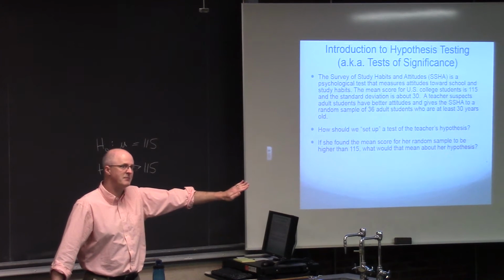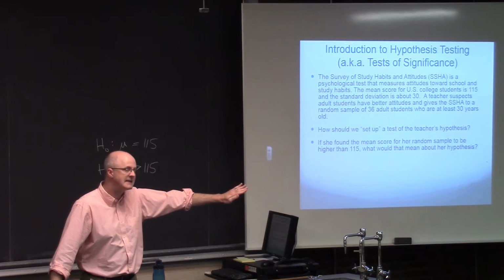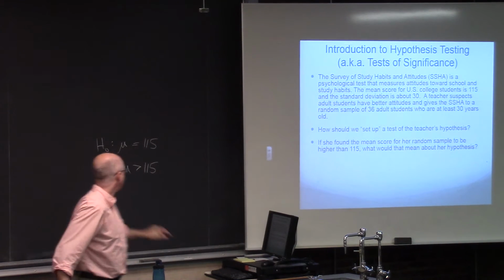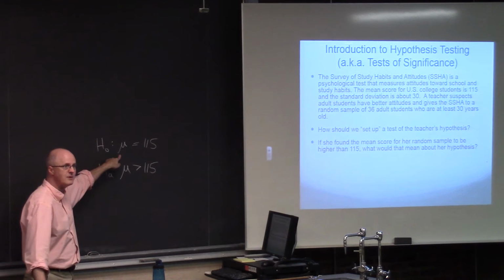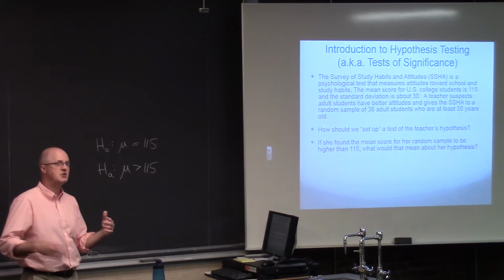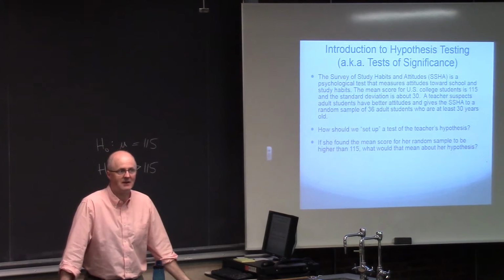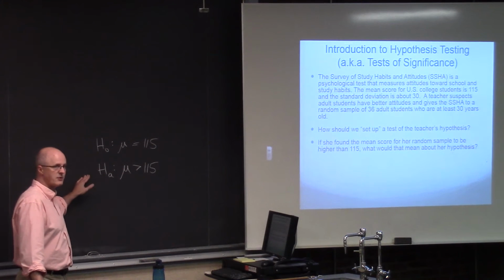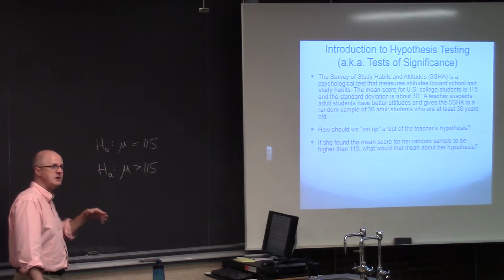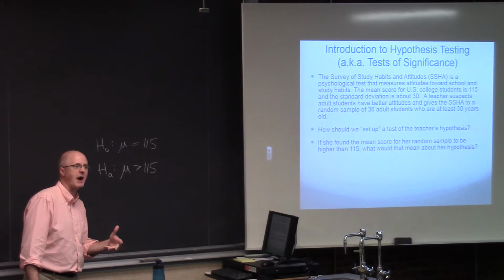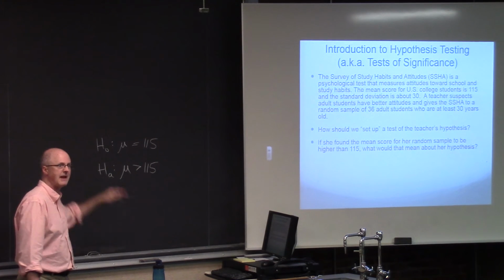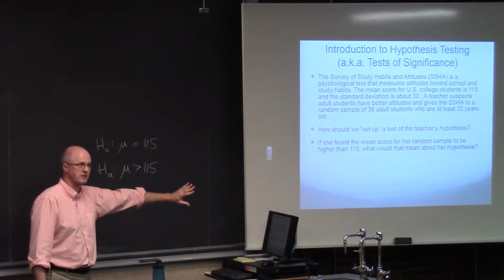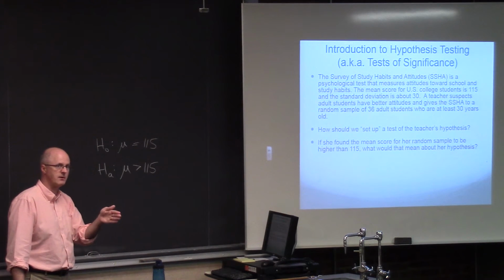Values of the sample mean, x bar, a statistic, further away from the null value of mu is stronger evidence against the null hypothesis and in favor of her alternative hypothesis. Therefore, she'd be more likely to say, yes, I'm right. I have real strong evidence against the null if x bar is further away from 115 than if it's real close to 115.